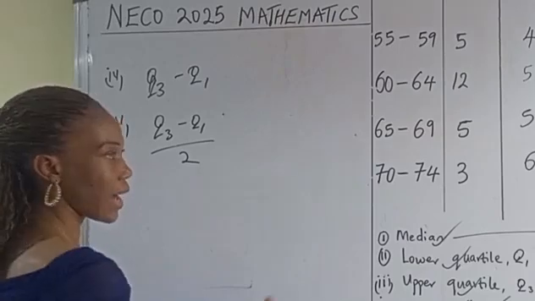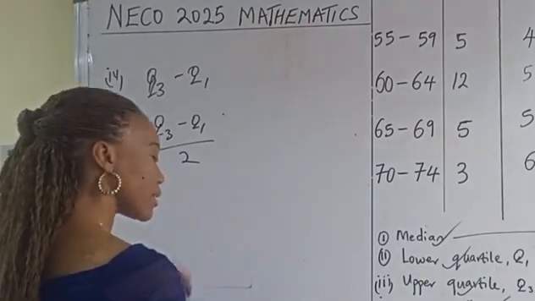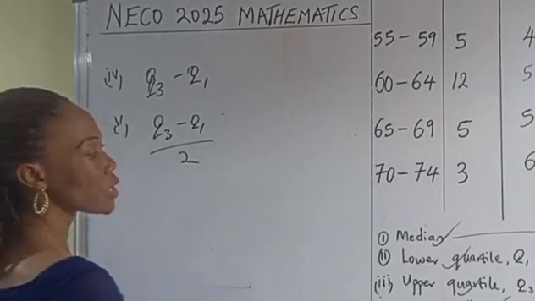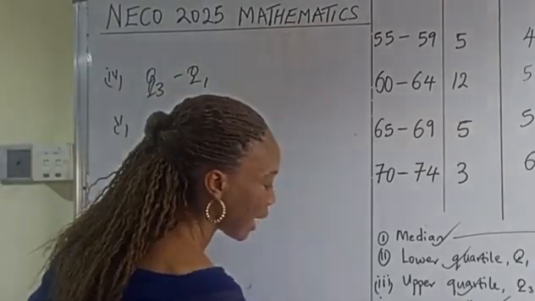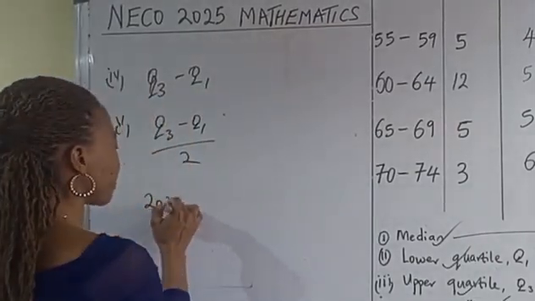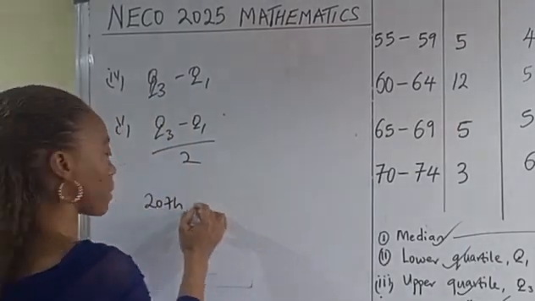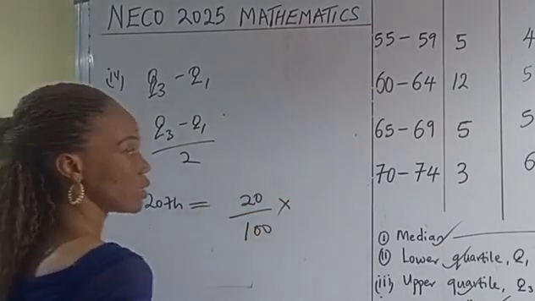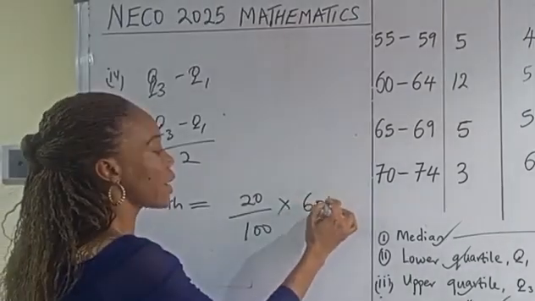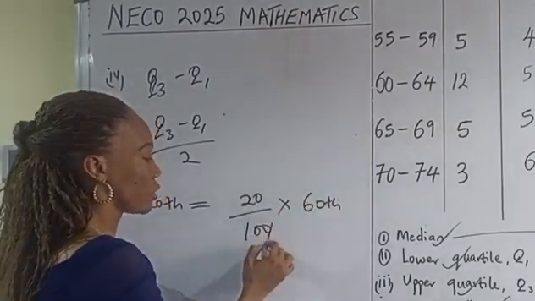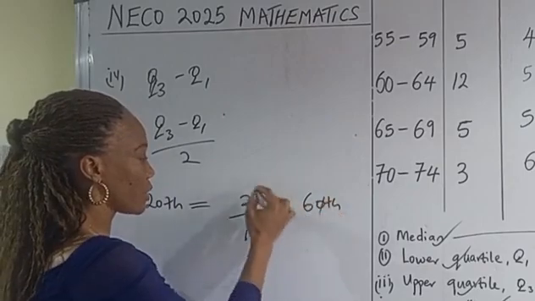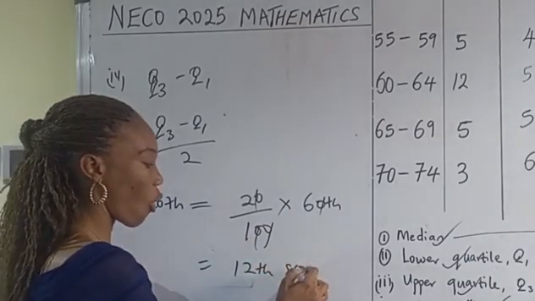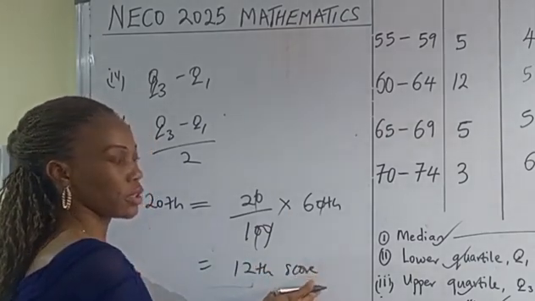Then the percentile. Remember, the percentile is the median, which we have gotten already. And then we can have the 20th percentile. If you talk about the 20th percentile, how do you get it? It will be 20/100 times 60, the 12th position. If you cancel this way, the 12th score or age.